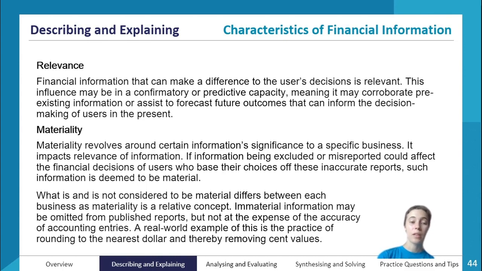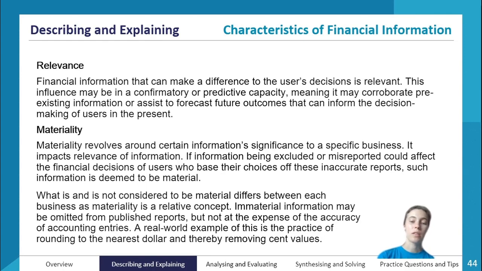And part of this is materiality. This revolves around certain information's significance to a specific business. So it's intertwined with this idea of relevance. If information being excluded or misreported could affect the financial decisions of users who base their choices off these reports, then that information is deemed to be material.